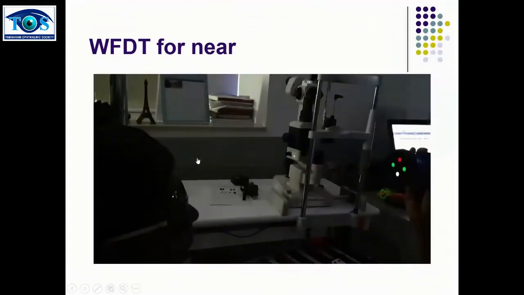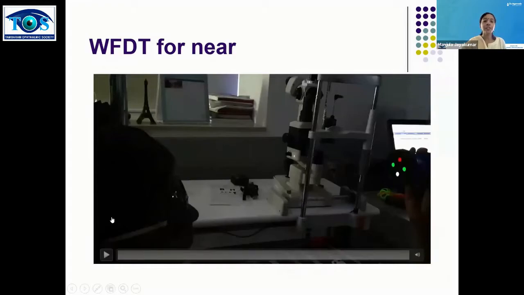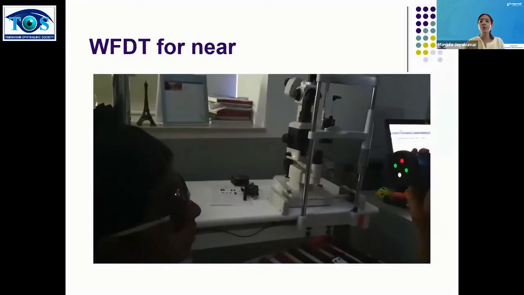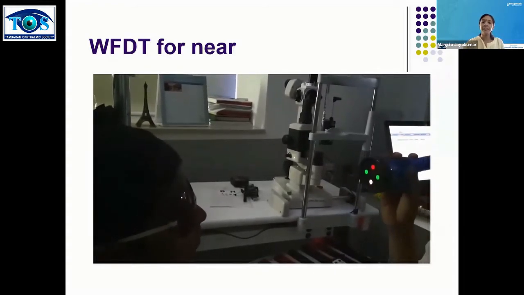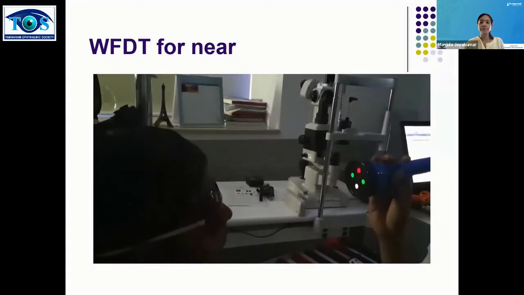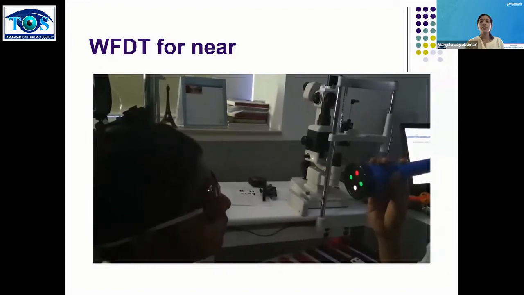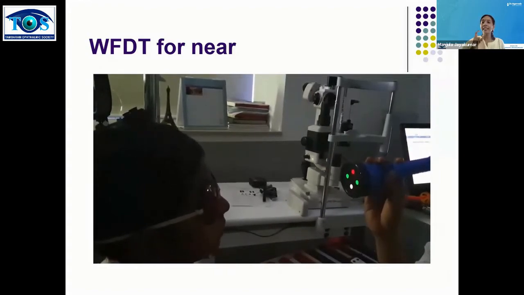When you see monofixation syndrome, the next test that you should do is Bagolini or Worth 4 dot for near. Watch this child. He will say, when I keep the torch a little further away, only 2. See when I bring the torch closer, he says, I see 2 and I see more.